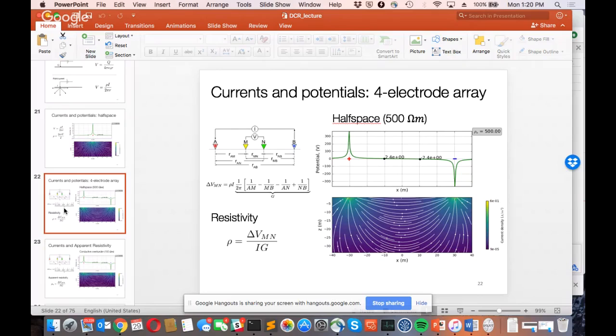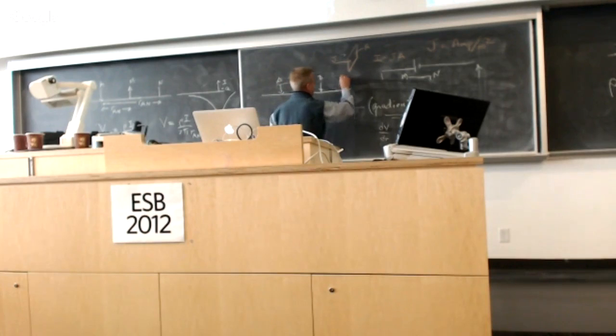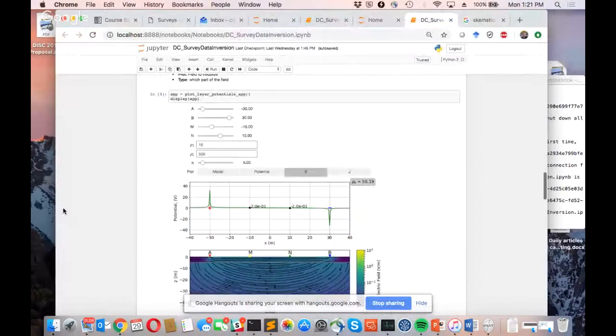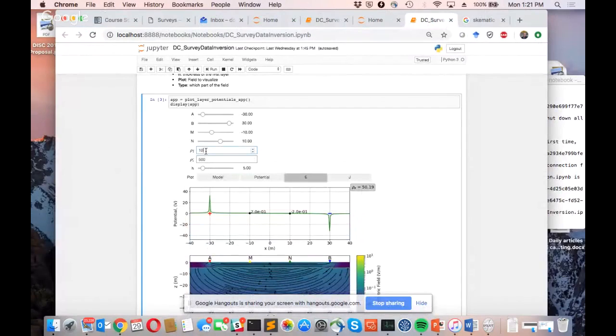You're going to put electrodes in at various places. So here's current A, sorry, and B, and then you put an M here or an N here, however you like. Collect in very different geometries, and then compute what the voltage difference is, as well as the apparent resistivity. Let's just do that.